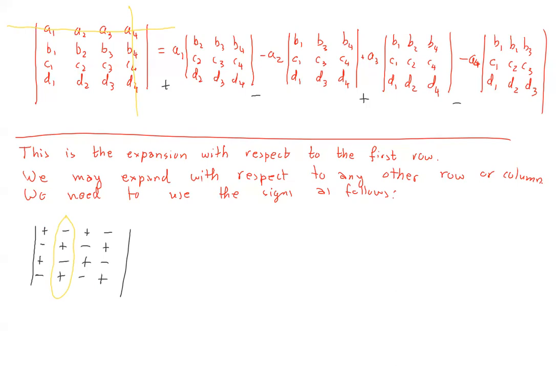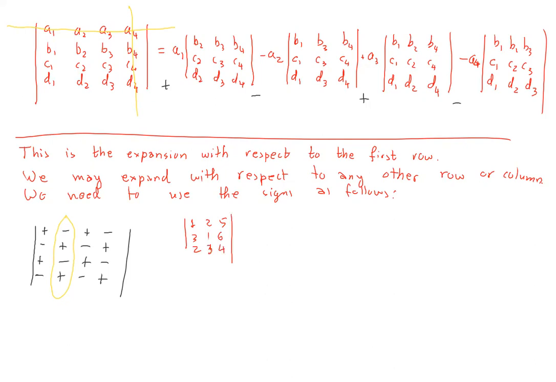So let me give you an example. Let's say that they tell you to expand the 3x3 determinant, and why don't we do this computation now? 1, 2, 5, 3, 1, 6, 2, 1, 2, 3, 4.